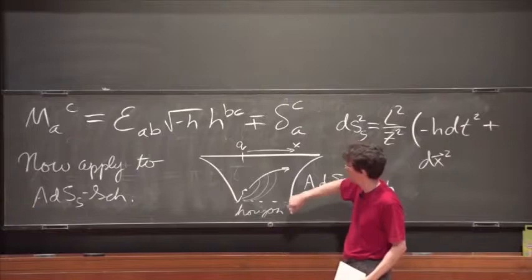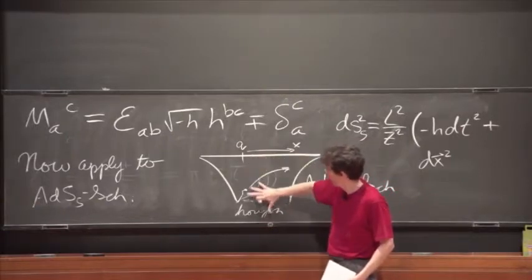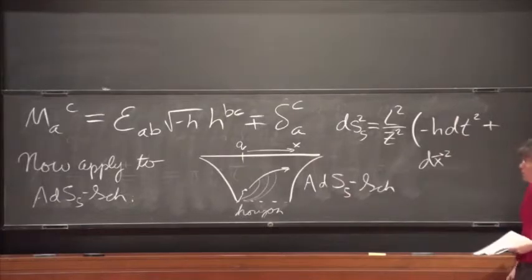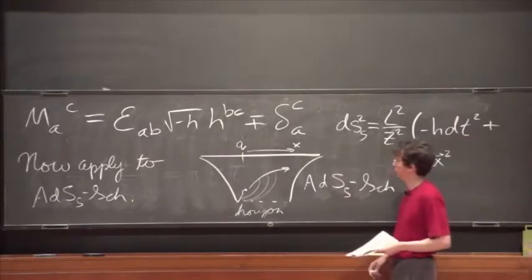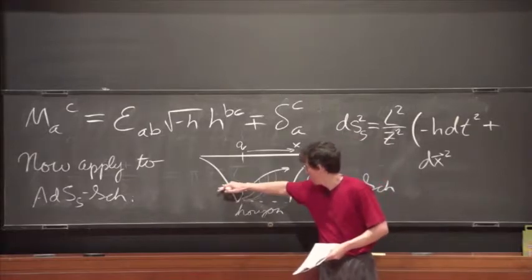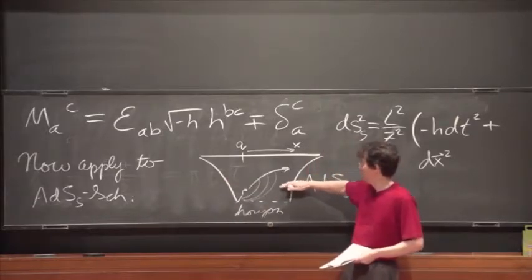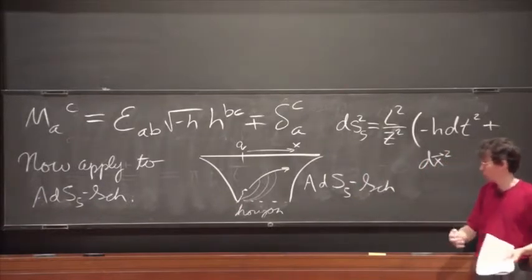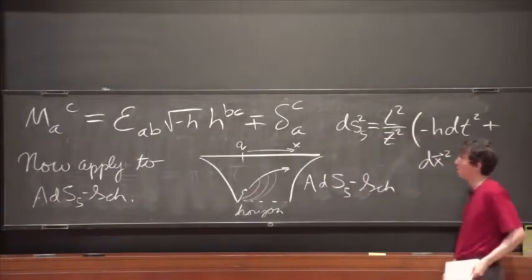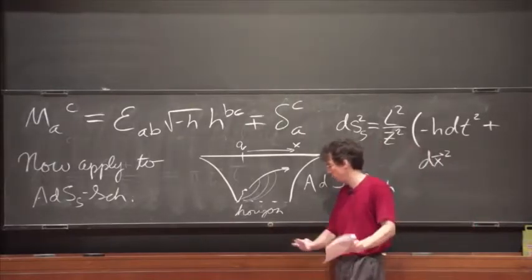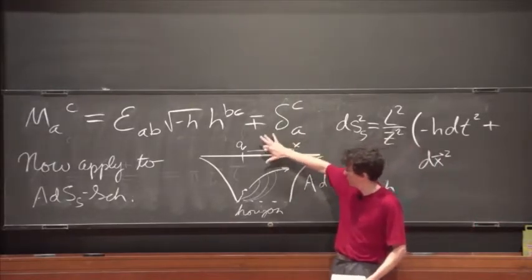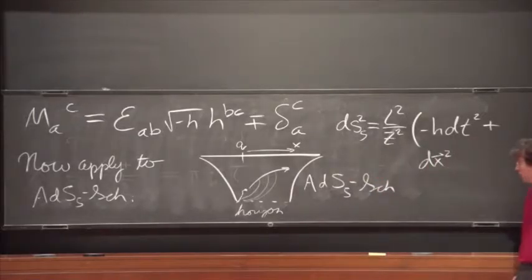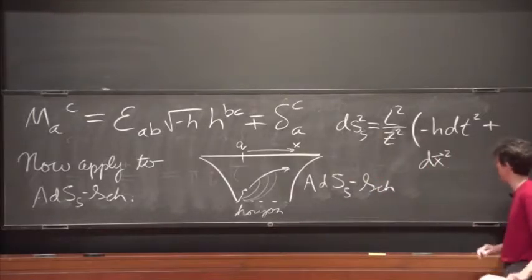For instance, you could have a D7 brane which essentially fills AdS5 and on which the string can end. Sometimes these flavor branes are added in such a way that they only cover down to a certain depth in AdS5, and then they describe massive quarks, where the mass is rather larger than the temperature. I don't want to consider heavy quarks, I want to consider light quarks. So my flavor brane should basically go all the way down and allow strings to have as little rest mass as they wish. In other words, none.